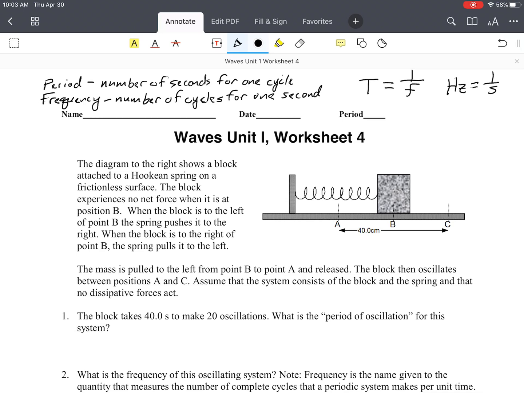So anytime you see frequency, you can assume that it's in the unit of hertz, and the unit of hertz is 1 over second. So let's just write that there.